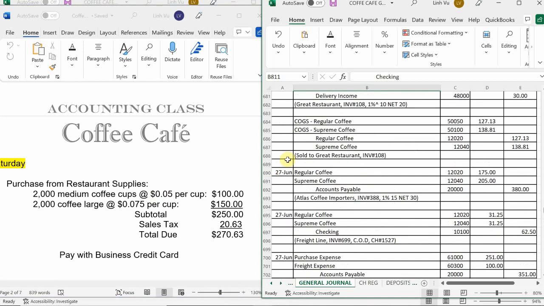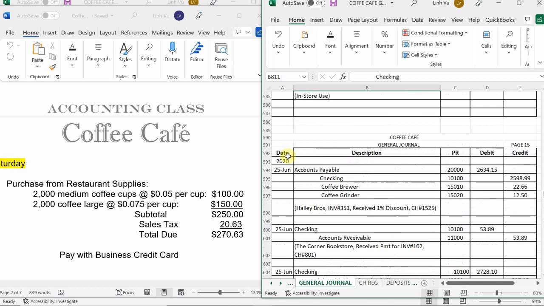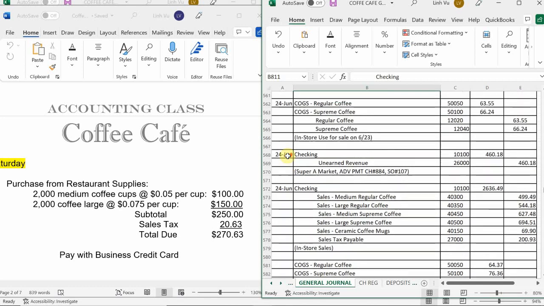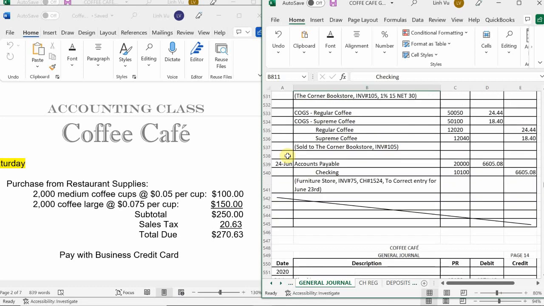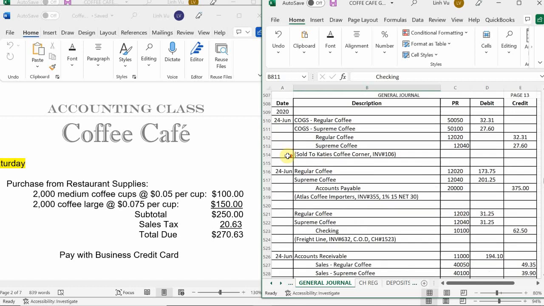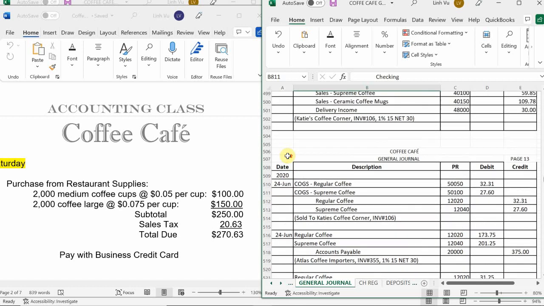How are we going to journalize this? Medium coffee cups, large coffee cups, and Visa. Good.